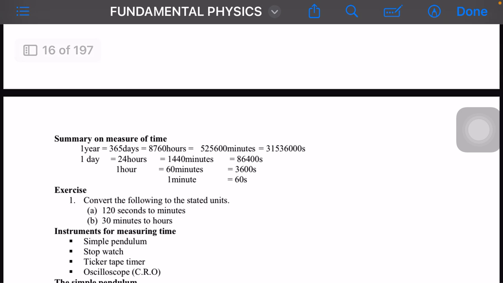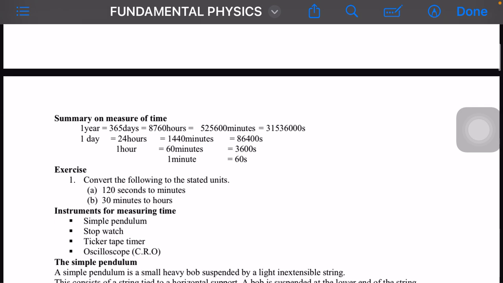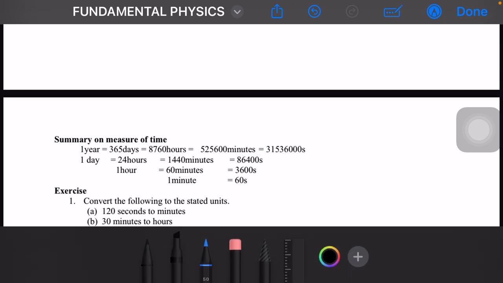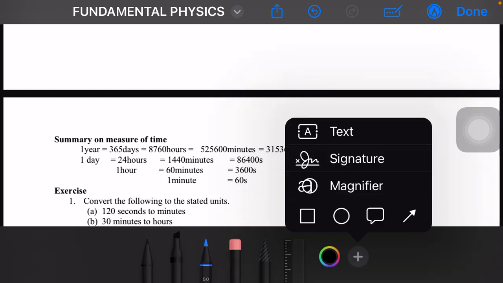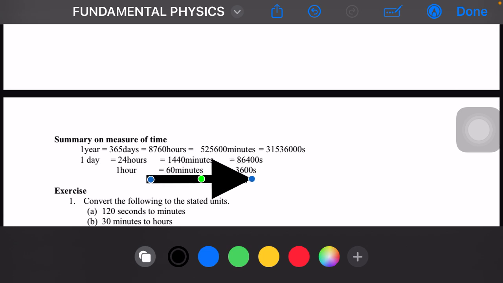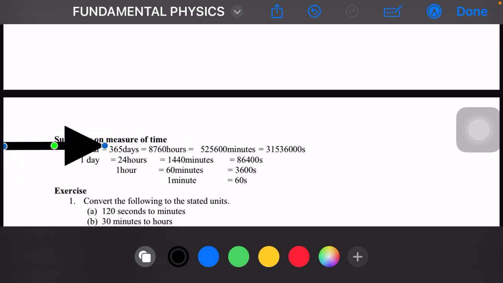So here we have a summary on measurements of time. One year is equal to what? 365 days.